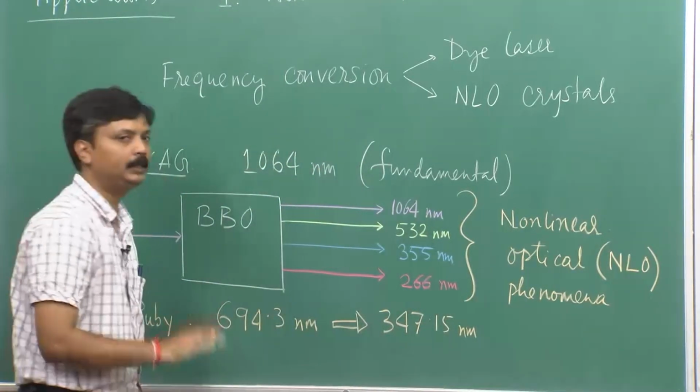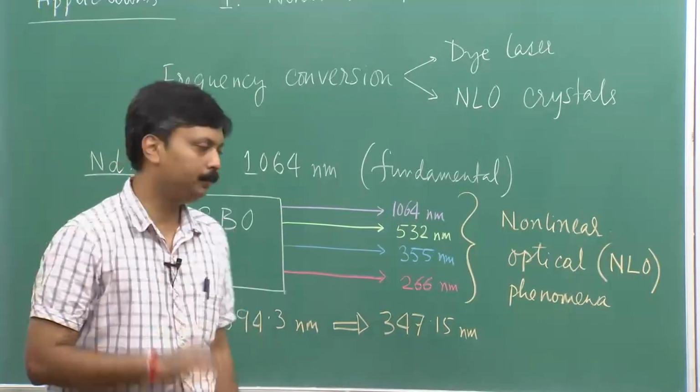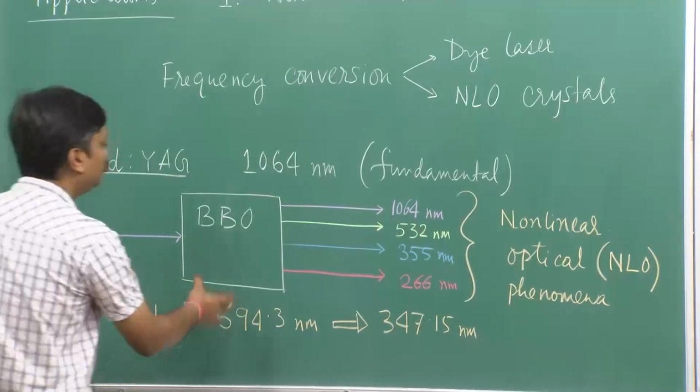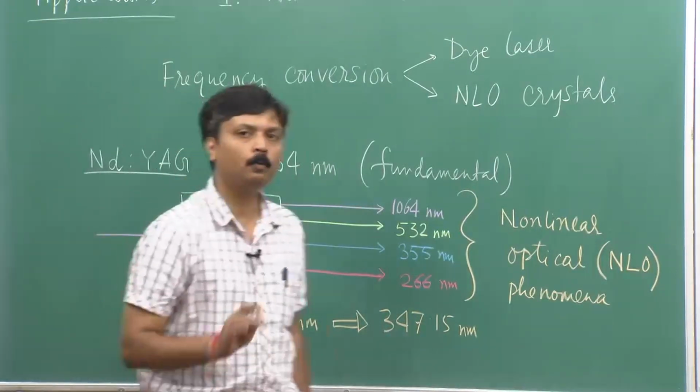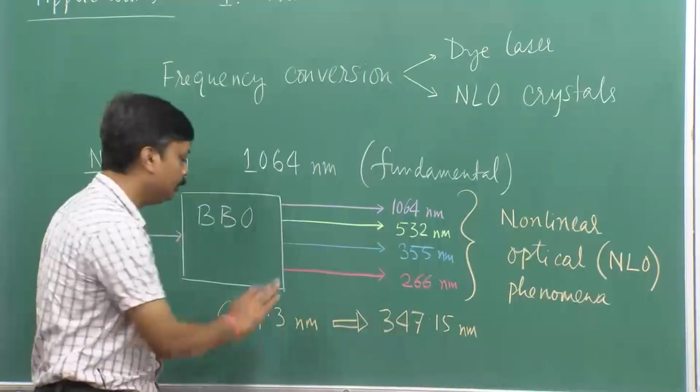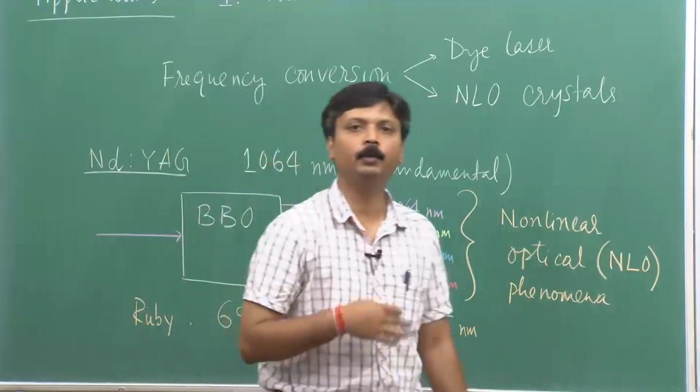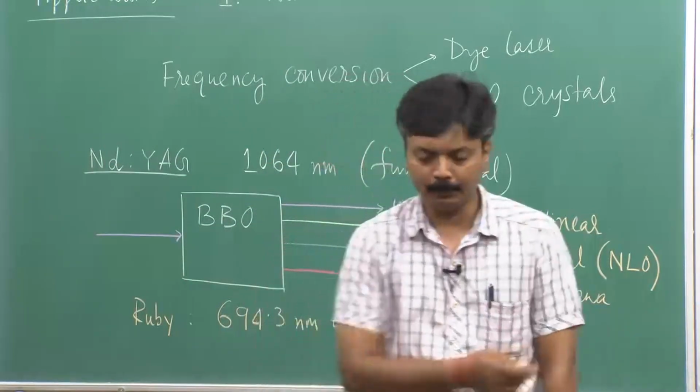This is just a historical fact. The first frequency conversion through nonlinear optics was obtained at 347.15 for the ruby laser, converting the fundamental of 694 to 347.